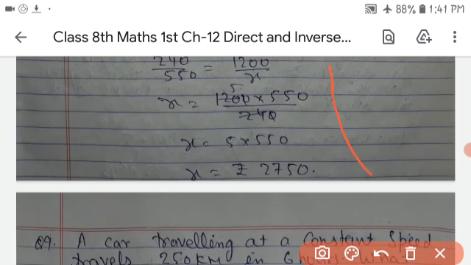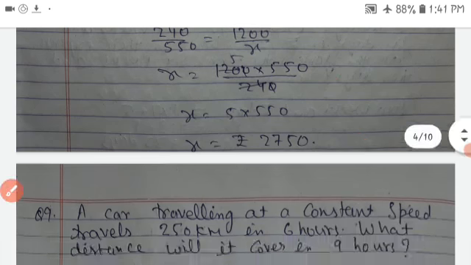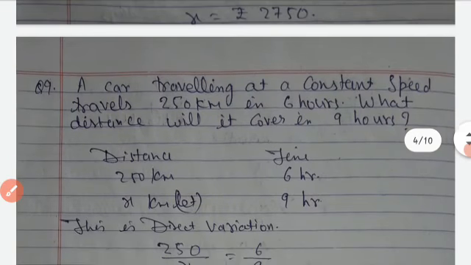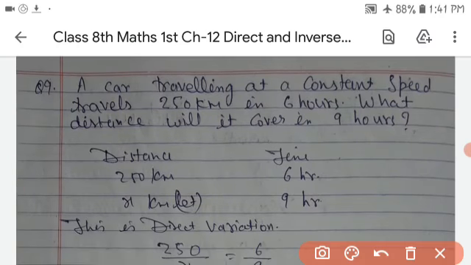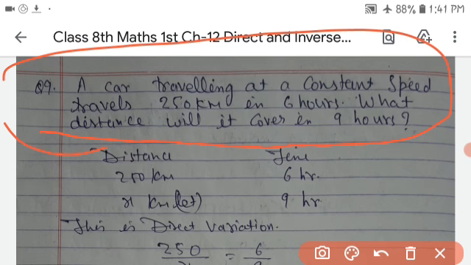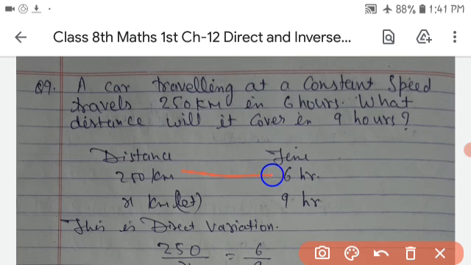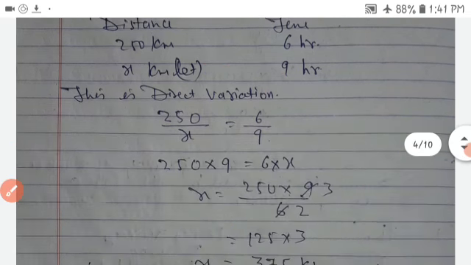Now question number 9. A car traveling at a constant speed travels 250 km in 6 hours. What distance will it cover in 9 hours? Now distance 250 km in 6 hours, x kilometer in 9 hours. This is direct variation.